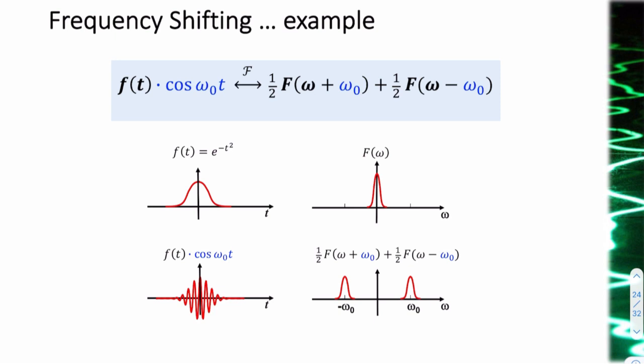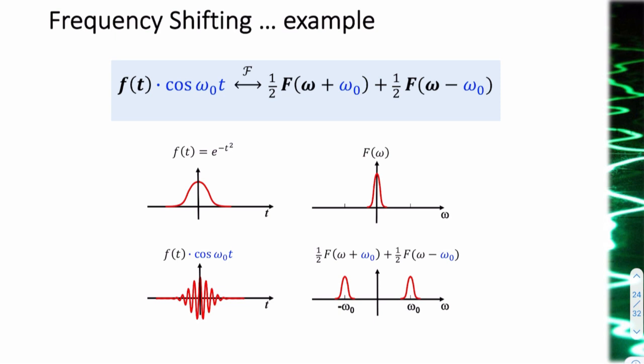If this was my original spectrum, then by multiplying by a cosine, what I've done is I've created two versions of the spectrum. One shifted to the right, and one shifted to the left by omega radians per second. So that's what the frequency shifting property actually does.